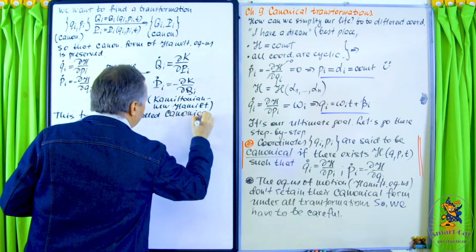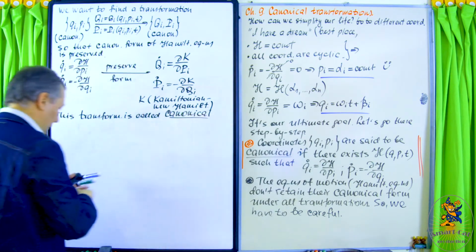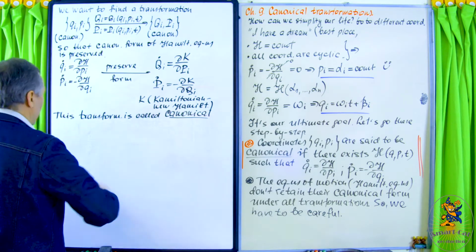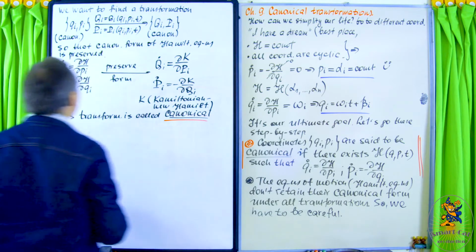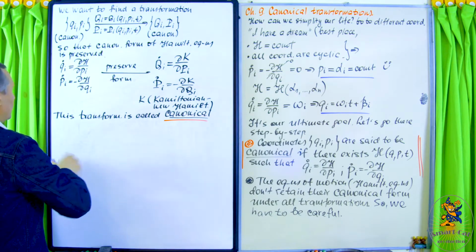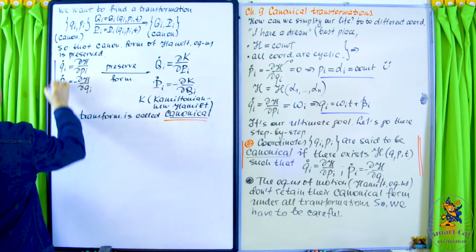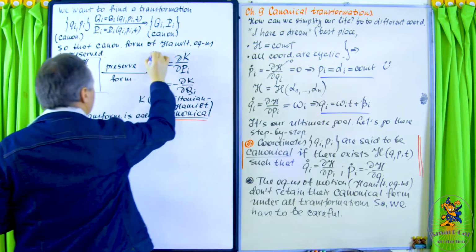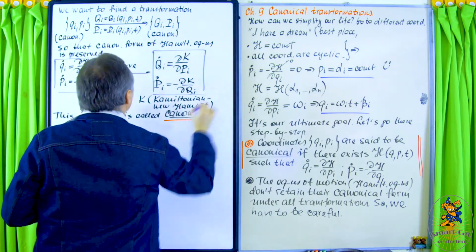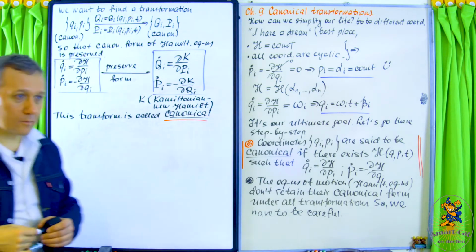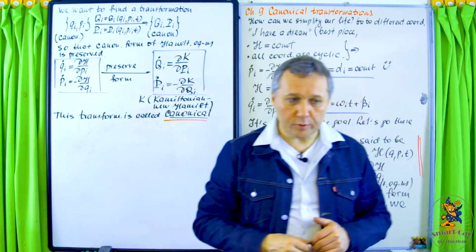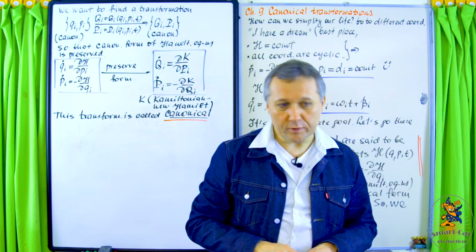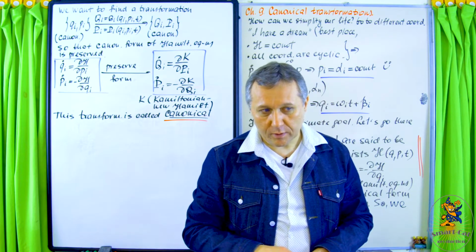Probably I should frame it with red. So we just go from one set of canonical coordinates to a different set of canonical coordinates, and the form of the Hamilton's equations gets preserved.